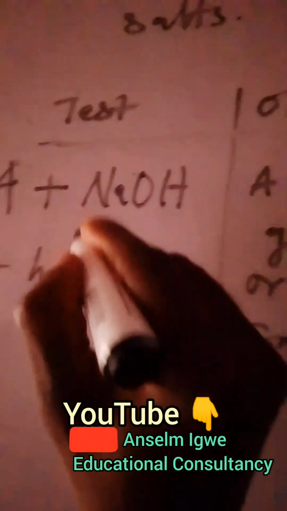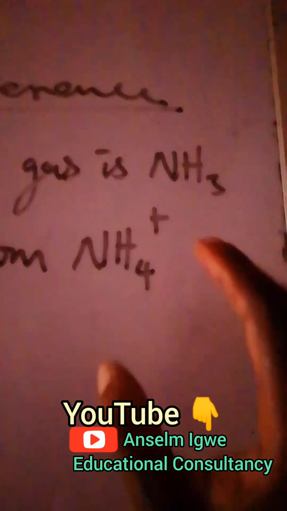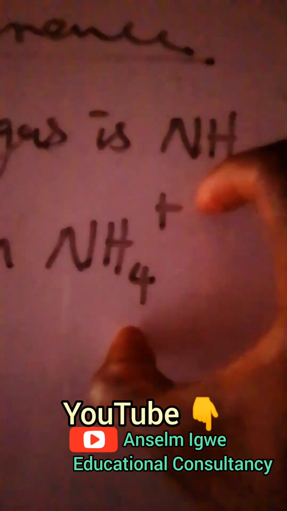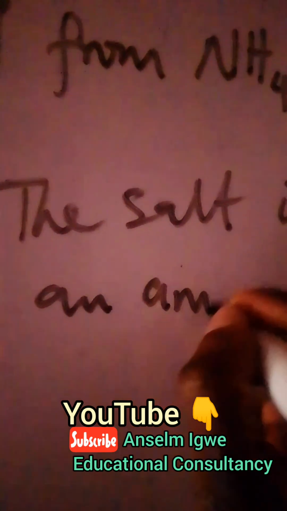So once you see this kind of gas evolving from the reaction mixture, the inference is that the gas is ammonia. Ammonia. From where? Ammonium ion. And remember, the unknown salt will have contained ammonium ion for it to liberate ammonia. Therefore, the salt is an ammonium salt.